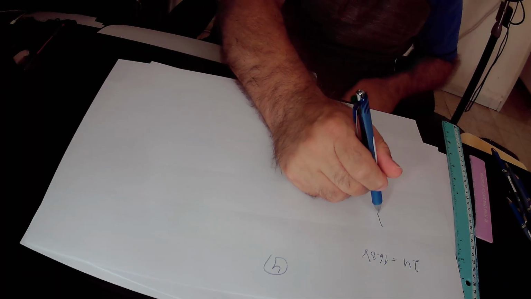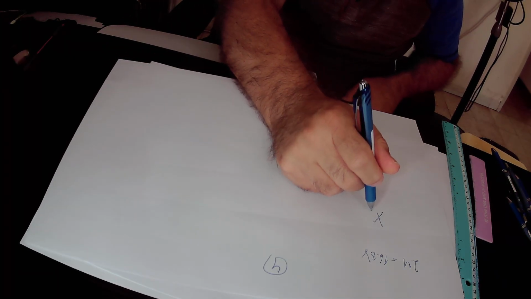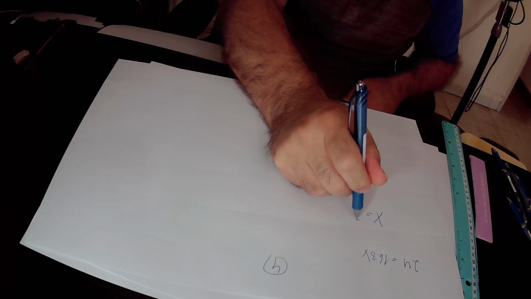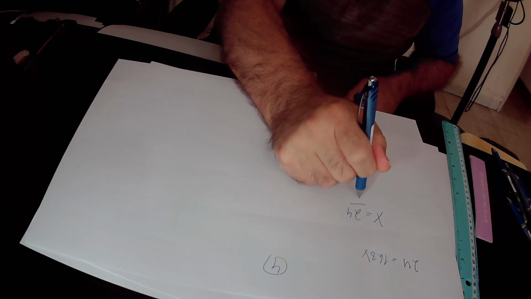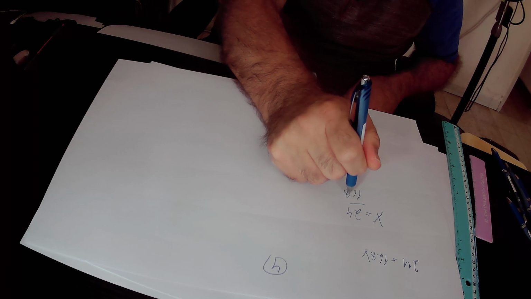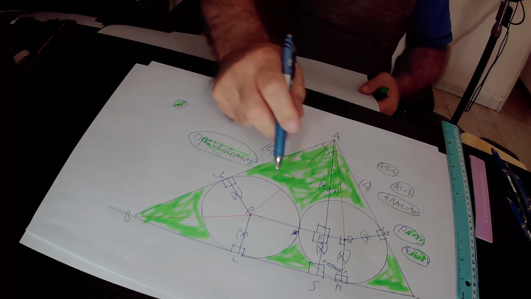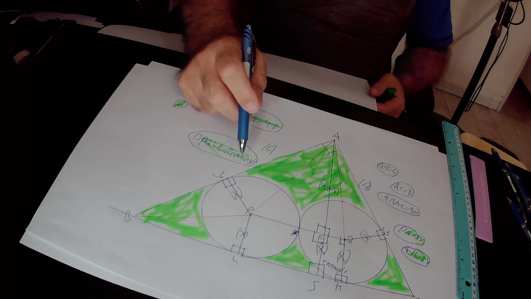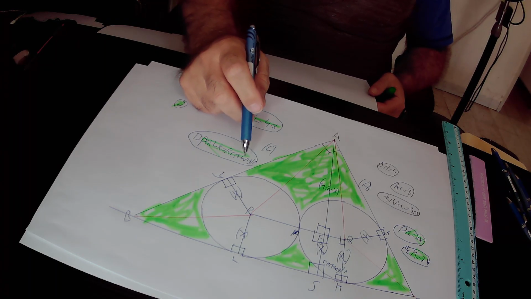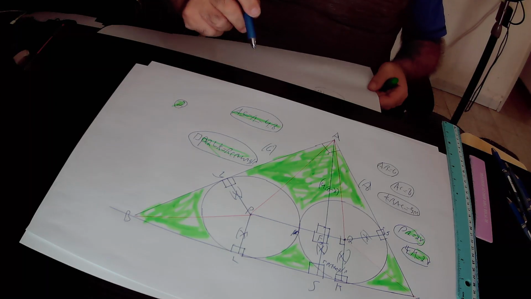We get that the radius x of those two circles is equal to 24 over 16.8 units in length.